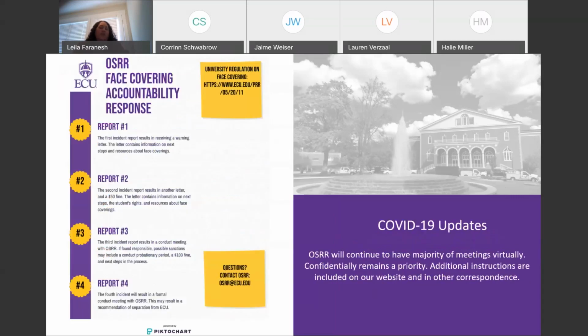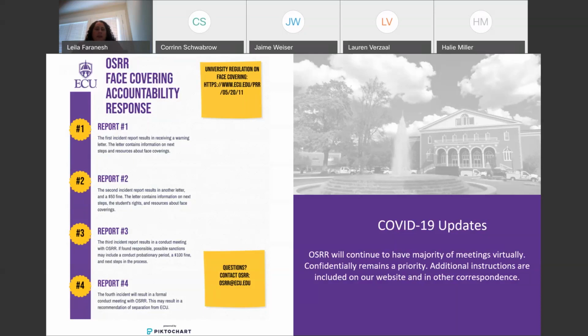Some provisions related to COVID-19 and face coverings that I wanted to review: in OSRR, in the next few months, we'll continue to have most of our meetings virtually with students, and we will be using WebEx as our platform.